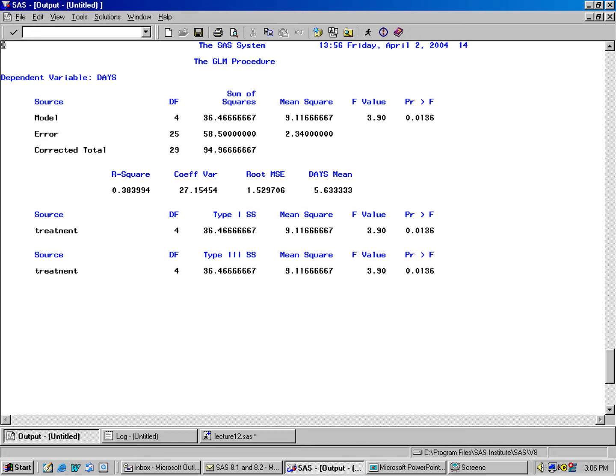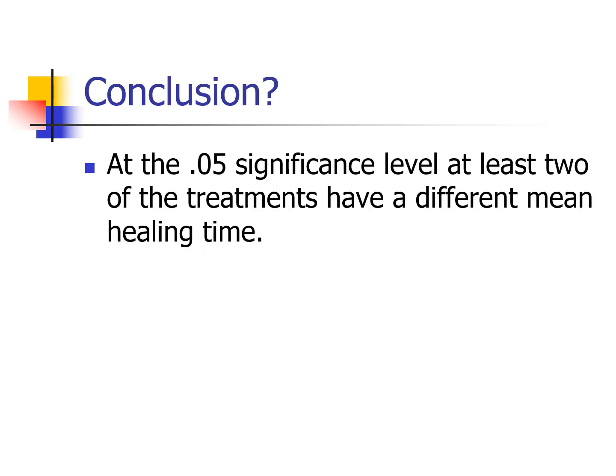And are there more than 2 that are different? The significance of our overall test prompts us to dig deeper. The question we have to now answer is how. At the 0.05 significance level, at least 2, maybe more, of the treatments have a different mean healing time.